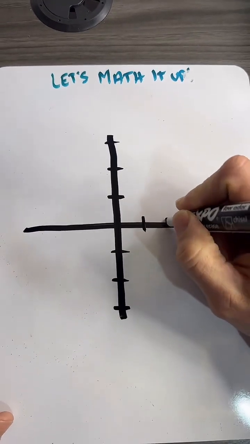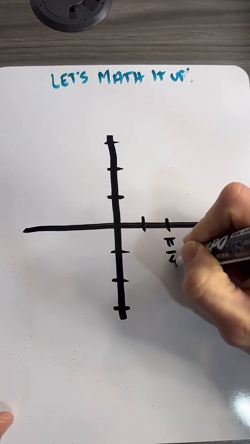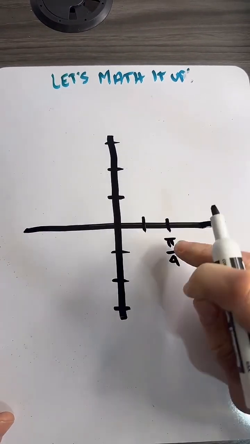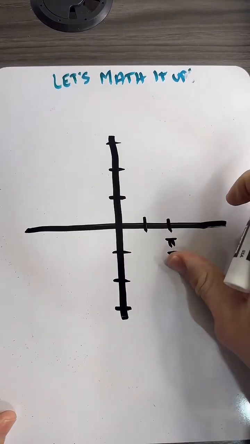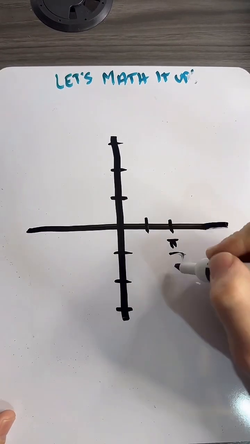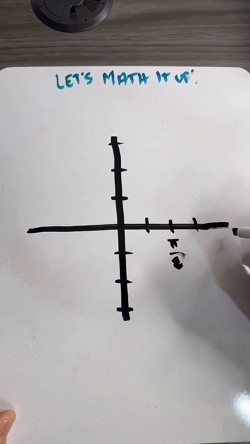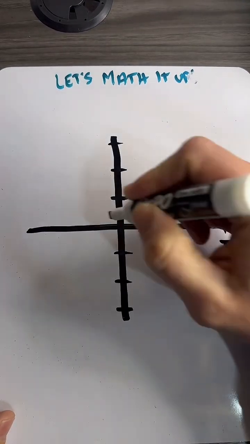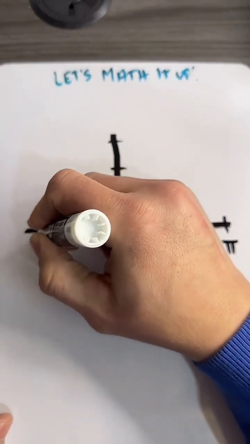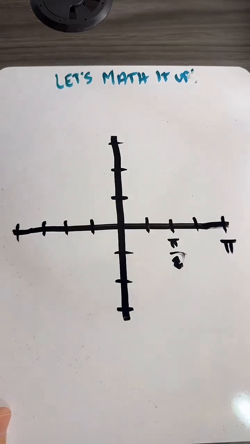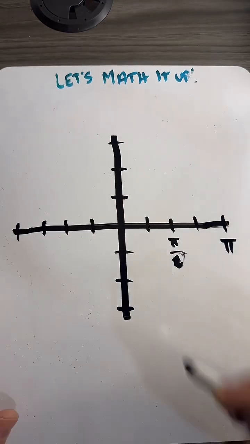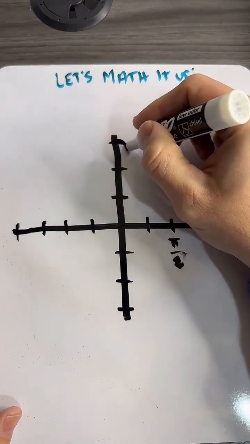All right, so I've got this is pi over 2. So that means this is pi over 4. Excuse me. All right, so this is pi over 2. This is going to give me pi, and then vice versa.